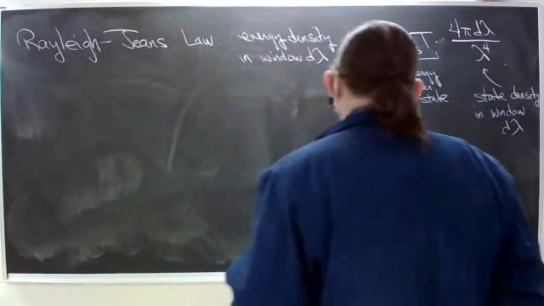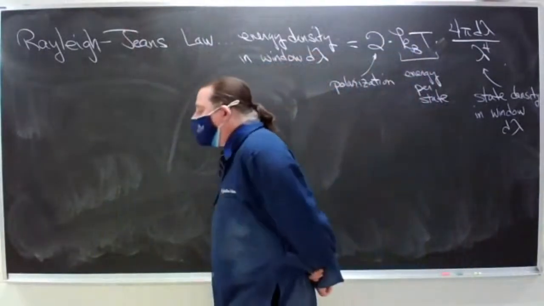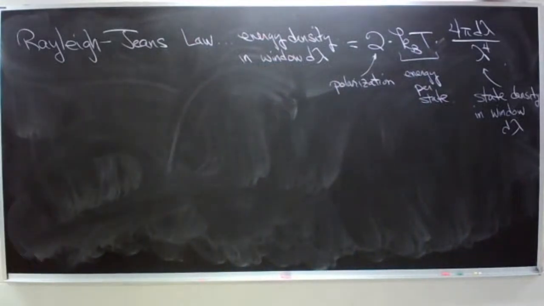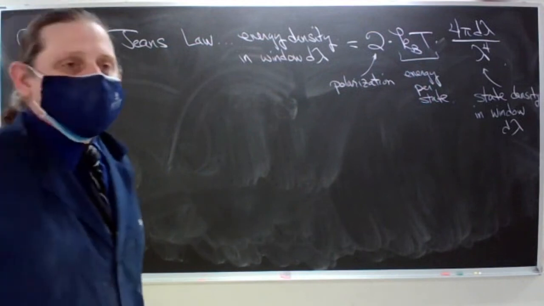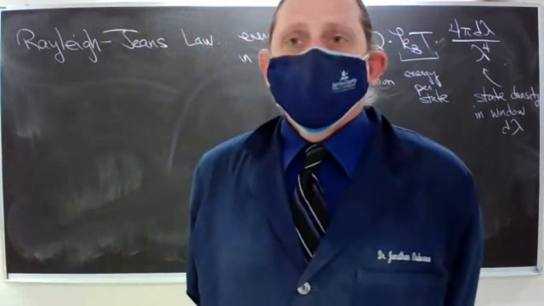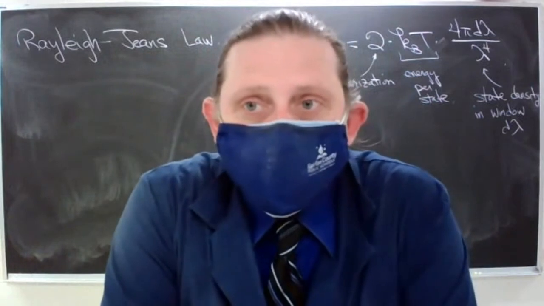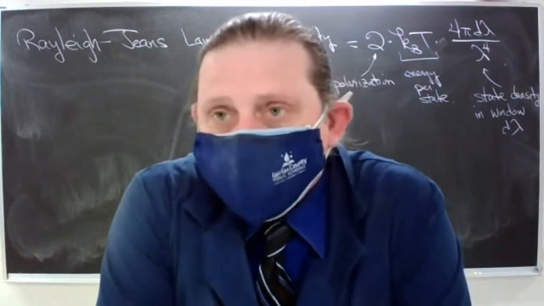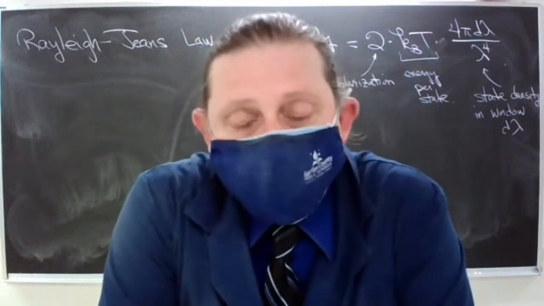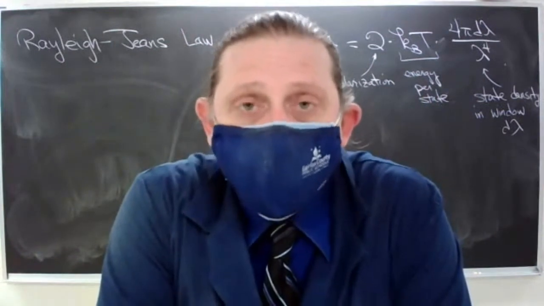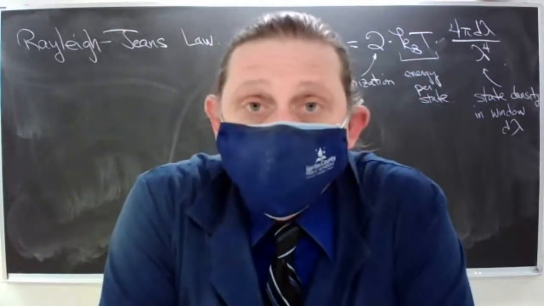All right. Now, as we said, this is not a problem with the theory. This is not an inconsistency with the theory. The theory is perfectly consistent in this result. How much energy does the electromagnetic wave want? All of it.